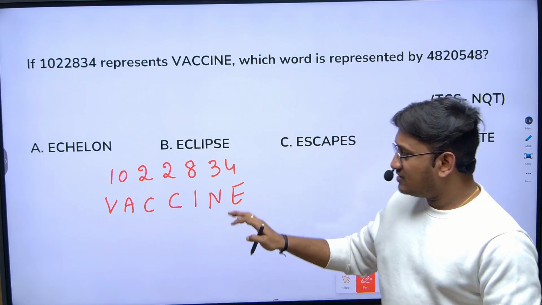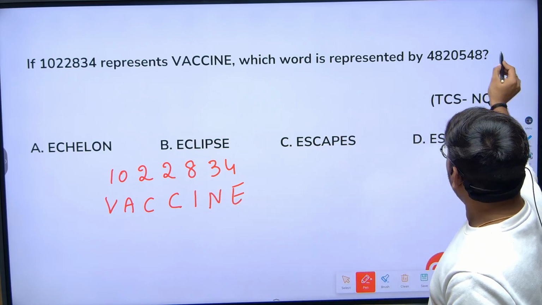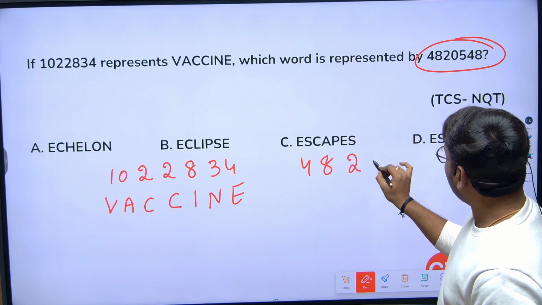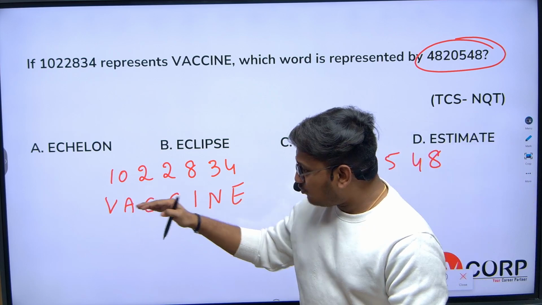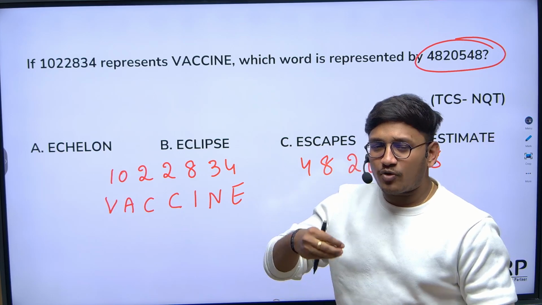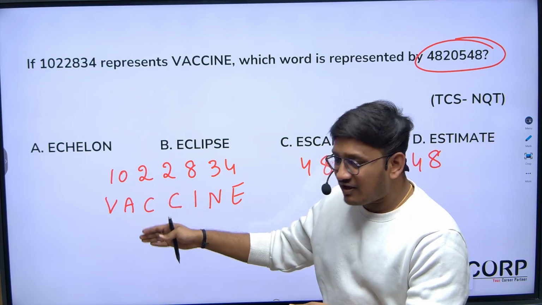They have given one word and a code, and they are asking us to find which word the number A4820548 gives. If you see the word and the numbers, most probably our mind will not give proper logic, because first we should understand the place values of the alphabets.